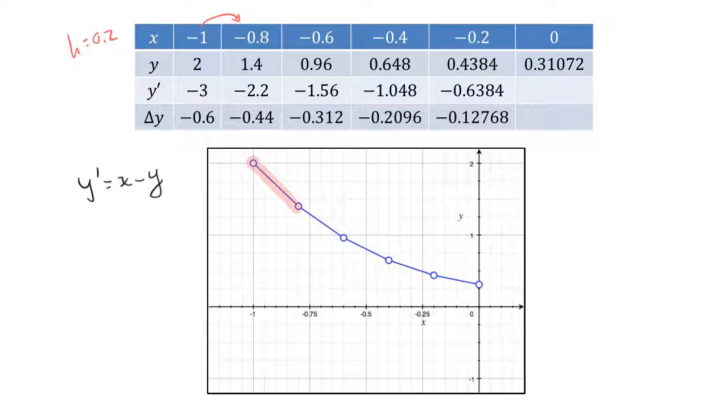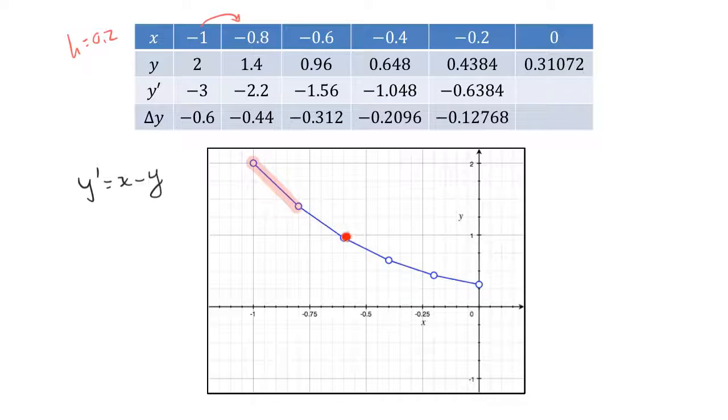Now what we would do is take our new ordered pair. How are we going to figure that out? When x is negative 0.8, it turns out we went down by 0.6, so we're now at 2 minus 0.6, so 1.4. Now we take the difference of the x value and the y value. x minus y is negative 0.8 minus 1.4, which is negative 2.2. We're only moving by 0.2 in the x direction.